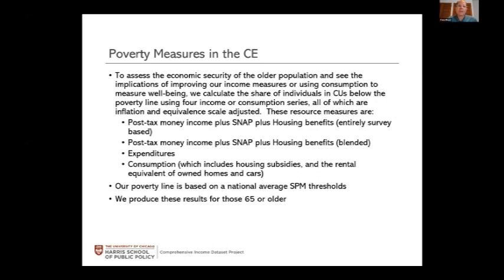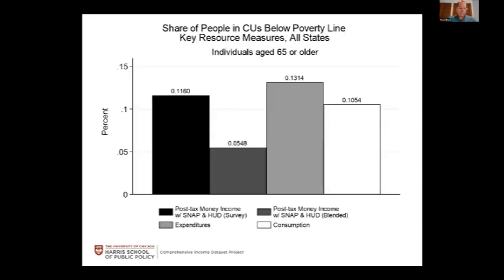These resource measures are post-tax money income plus SNAP and housing benefits entirely from the survey data, post-tax money income plus SNAP plus housing benefits that are blended, incorporating administrative data, expenditures, and then consumption, which includes the flow value of owned homes and cars. The poverty line we use is based on the national average supplemental poverty measure thresholds.